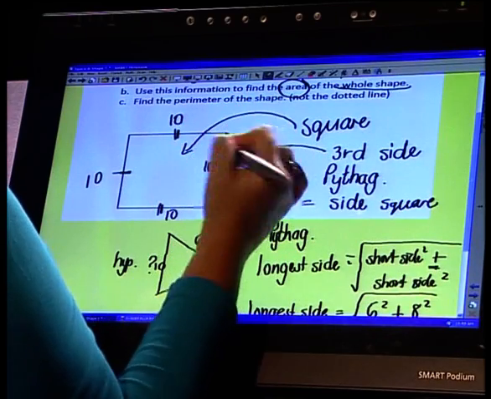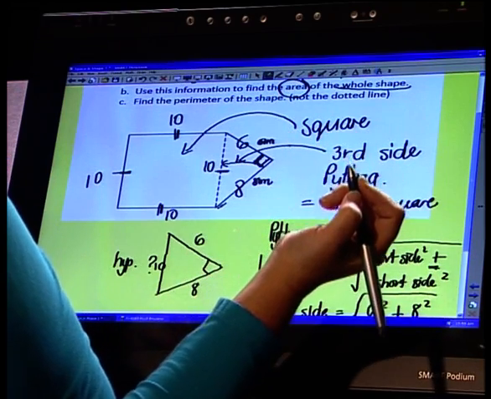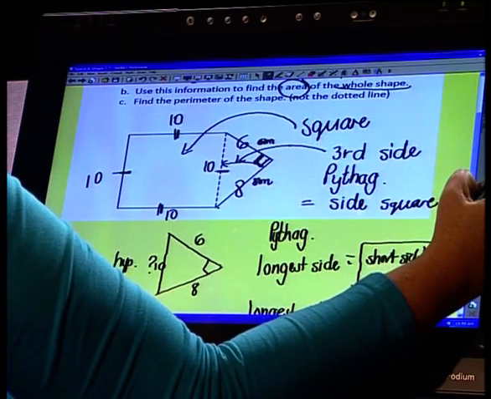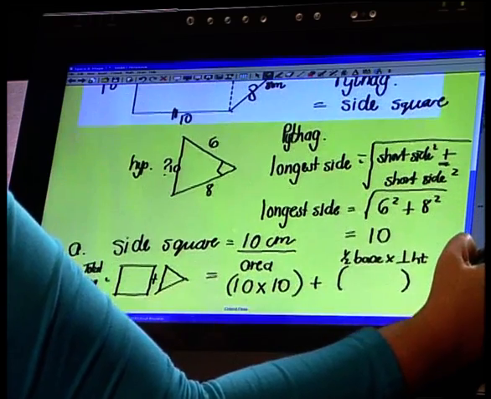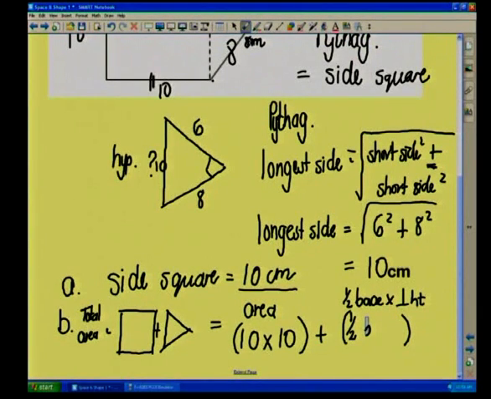The new side that we've just found, the 10, does not actually come into the formula at all. So we need to go half 6, times my 8.